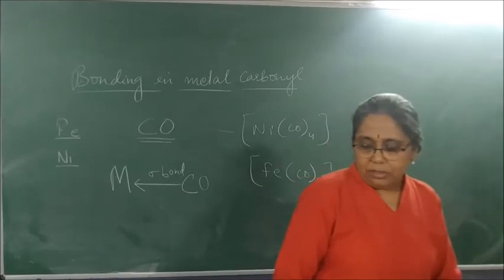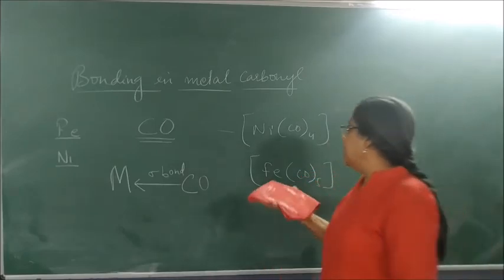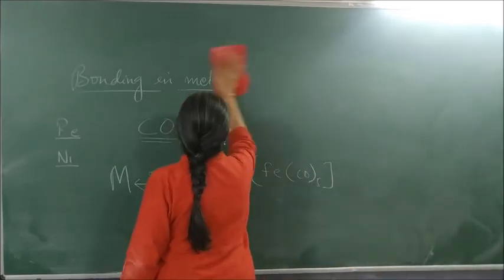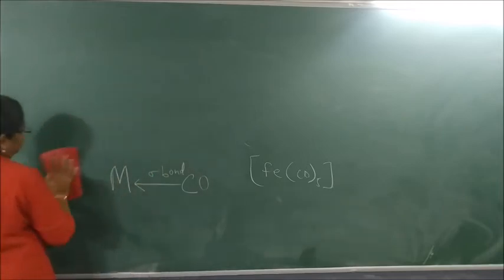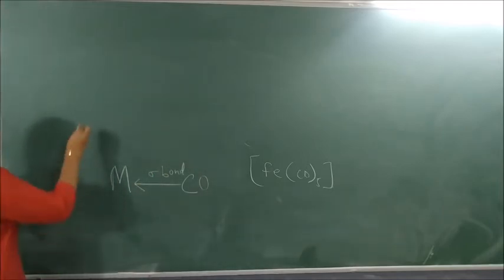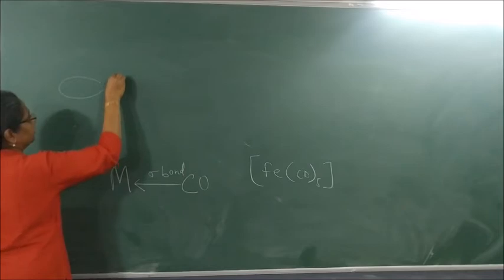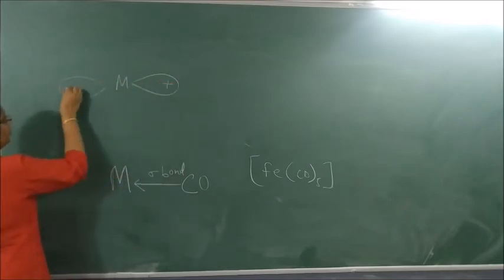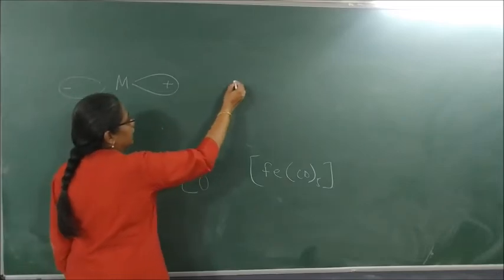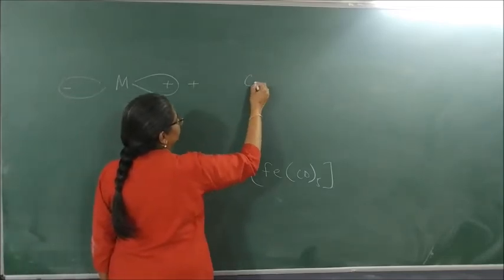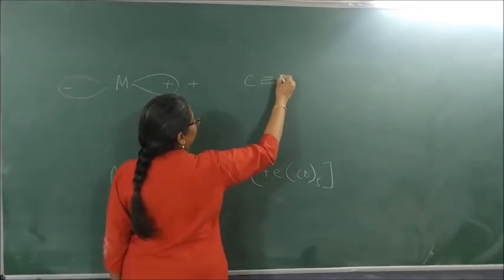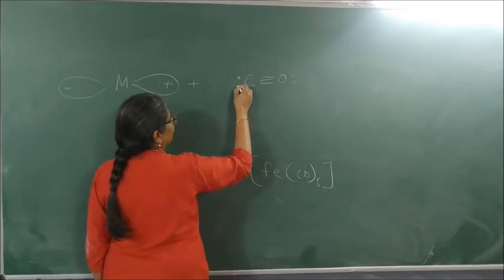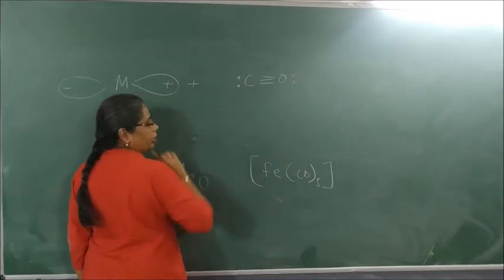How do we represent this in steps? If I show that a metal atom has got two lobes, one positive, one negative. This reacts with carbon monoxide, one lone pair electron and one lone pair electron. Correct?